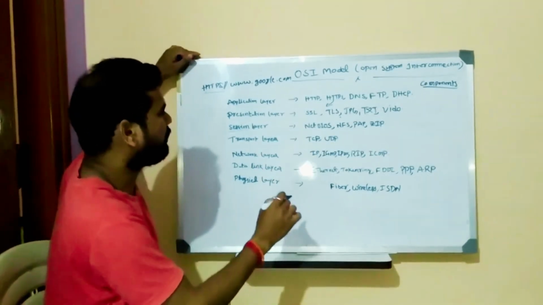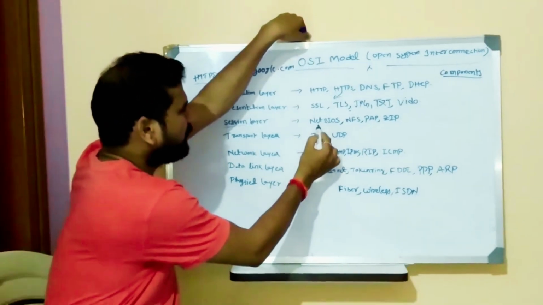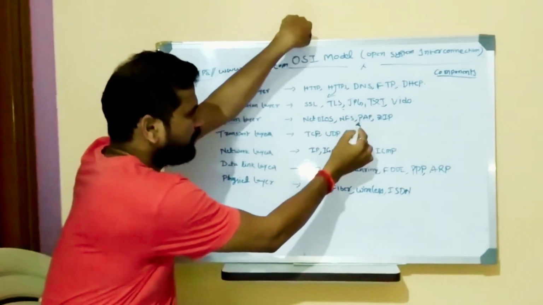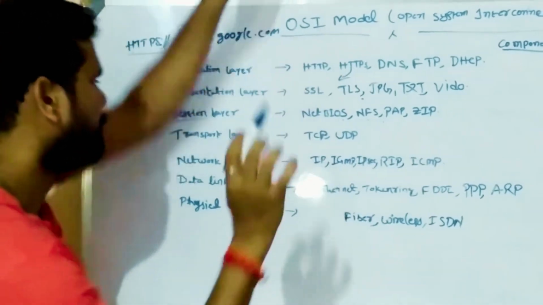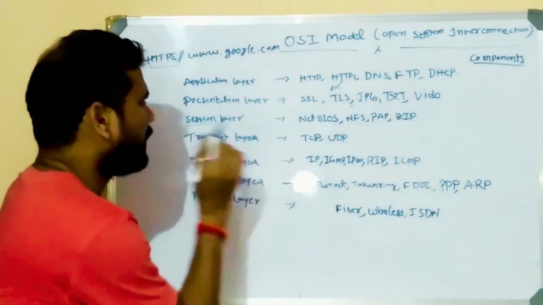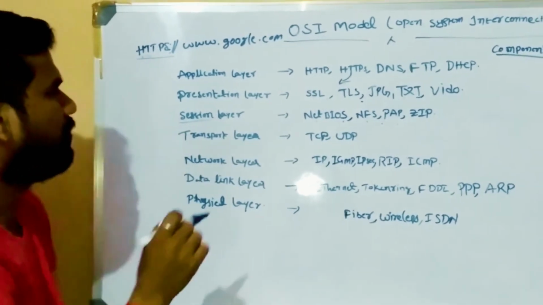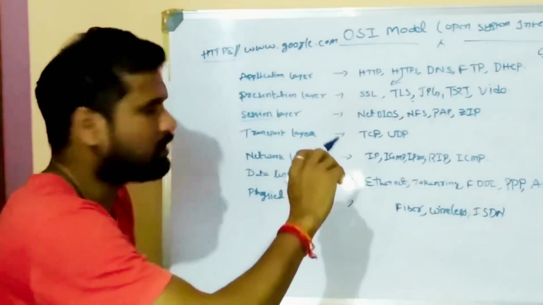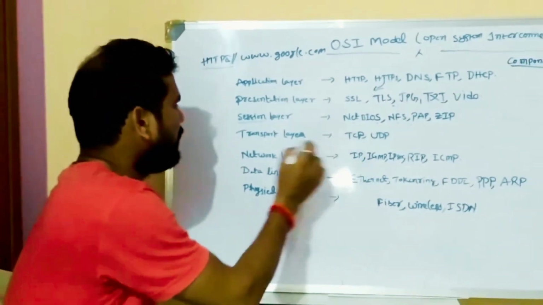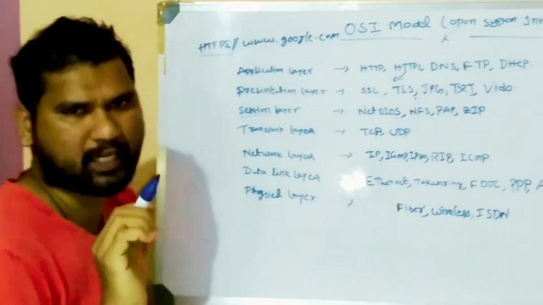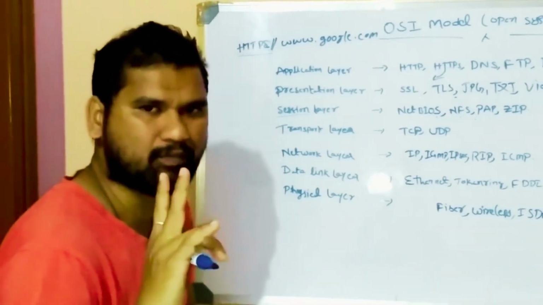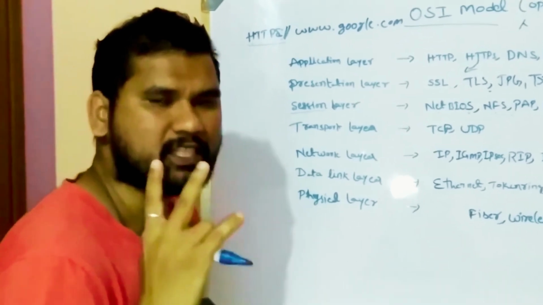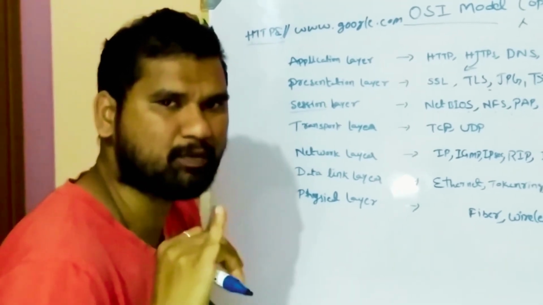The protocols used here are NetBIOS, NFS, PAP and others. Now the transport layer. In the transport layer, once the session is established, TCP connections follow. Two types of protocols are used here: the TCP protocol and the UDP protocol.